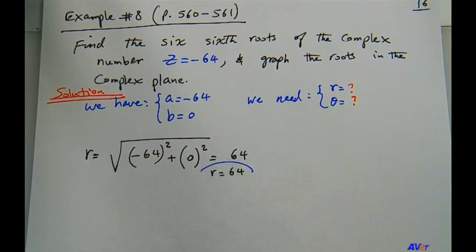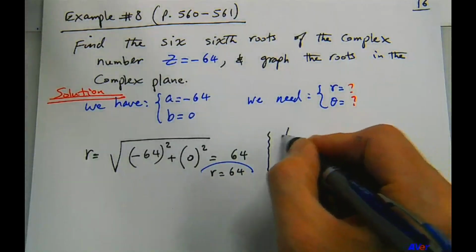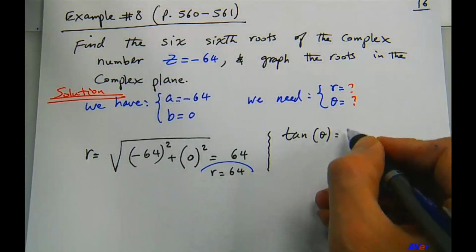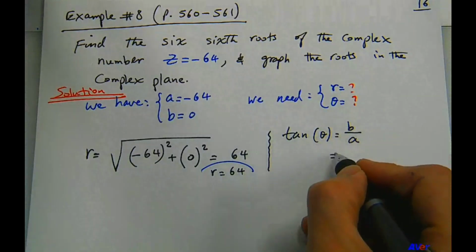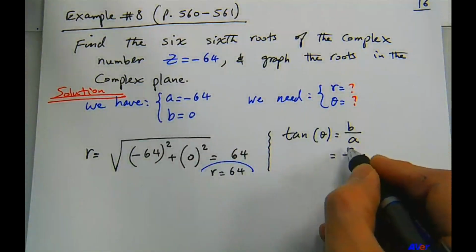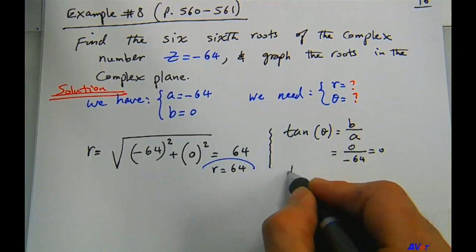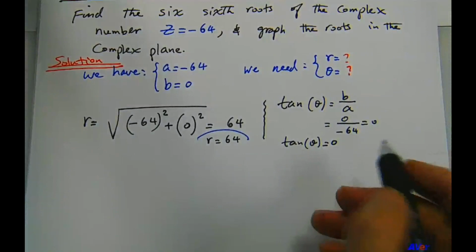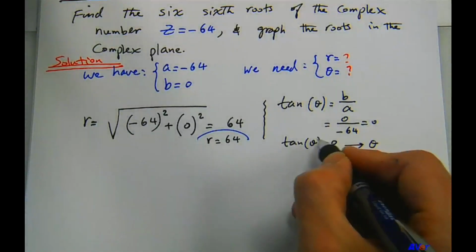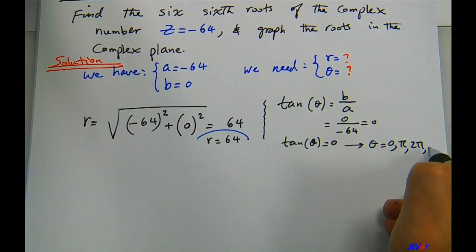Also, we need the theta, right? So how do we find theta? We know that tangent of theta is equal to b over a. So b is 0 in this case over a. If tangent of theta equals 0, then theta can be equal to 0, pi, 2 pi, and so on.